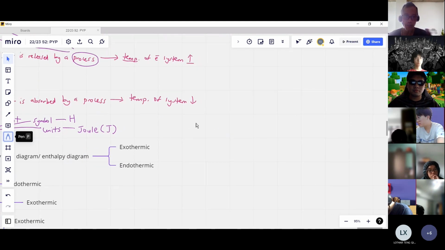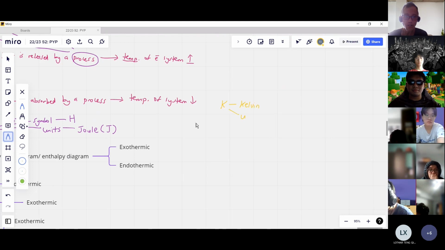Kelvin is not the unit for heat. K stands for Kelvin, and Kelvin is the unit for temperature. So what I want to impress upon all of you, temperature is not the same as heat. Make sure you don't confuse the two.